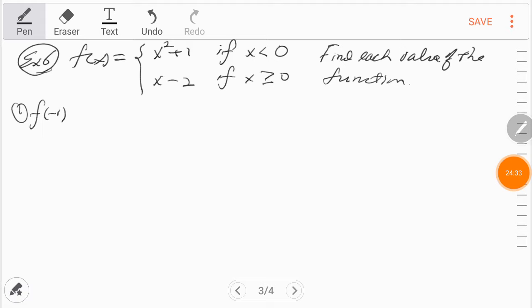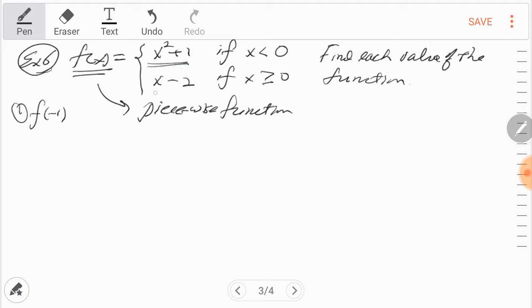Okay, this example is a piecewise function. F of x is a function, but this function has 2 expressions. One is x squared plus 1, the other one is x minus 1. We call this a piecewise function. We can use either the first expression or the second expression depending on the input.